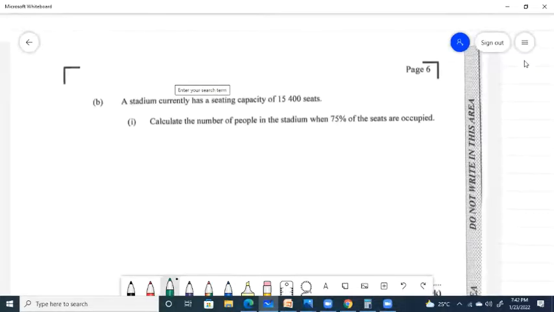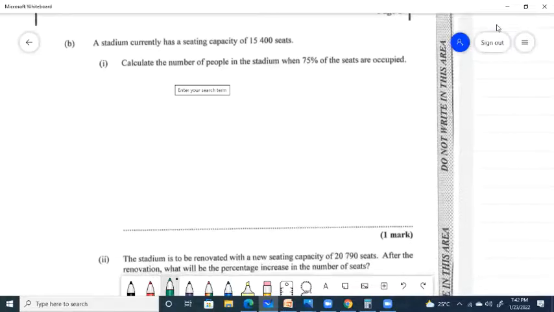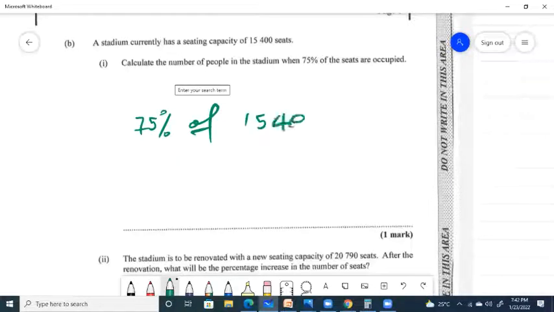All right, this question says, a stadium has a seating capacity of 15,400 seats. Calculate the number of people in the stadium when 75% of the seats are occupied. So definitely we're finding 75% of 15,400.